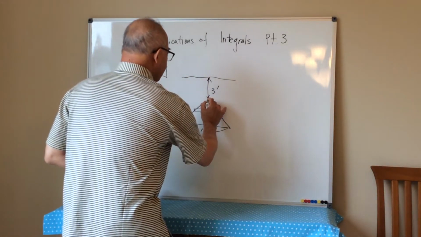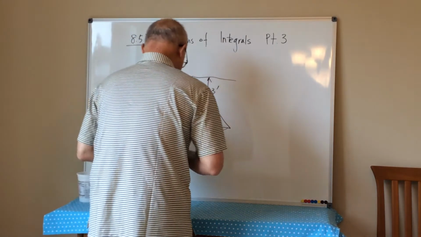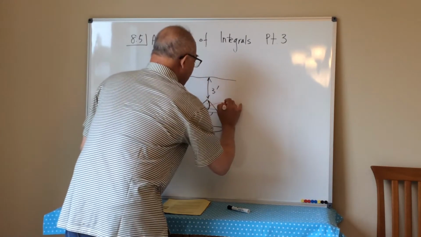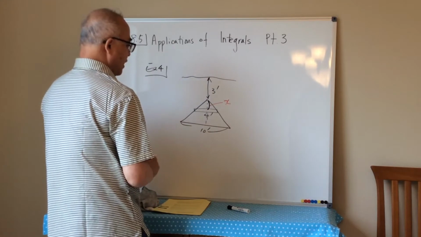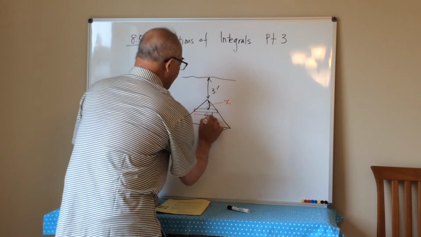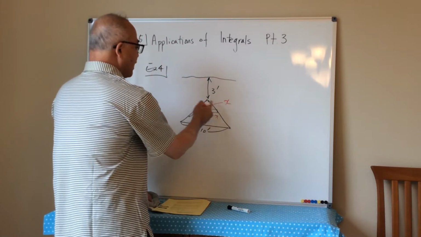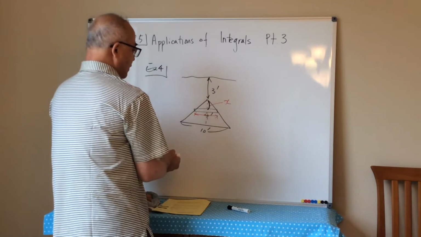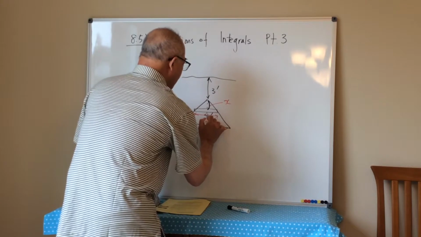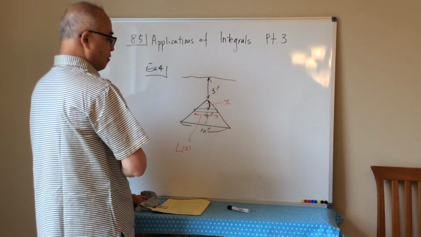If we call this guy here X, and I want to find the length of the strip, because I need the length of the strip to find the area of that strip, okay? So this length of the strip, I'm going to call L of x, okay?